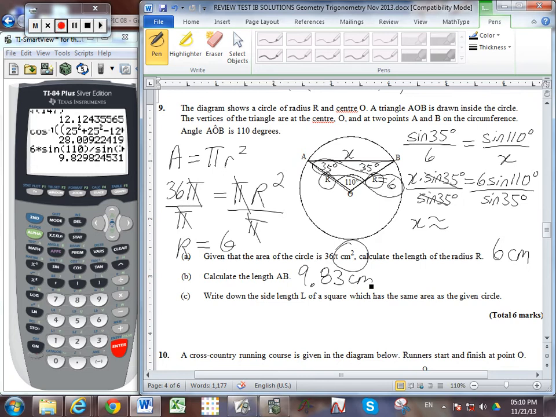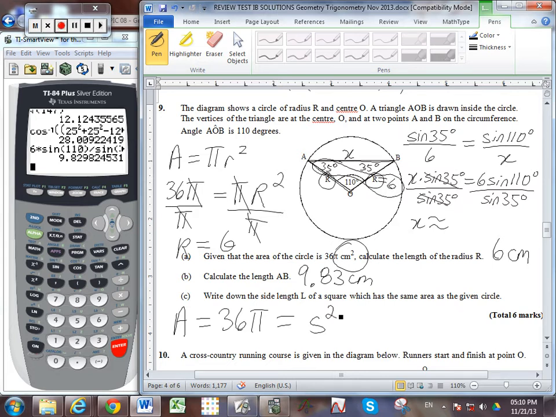Lastly, part C, write down the side length L of a square which has the same area as the given circle. Alright, well I guess we know that the area of the circle is 36 pi, and we know that a square's area is its side length times itself.